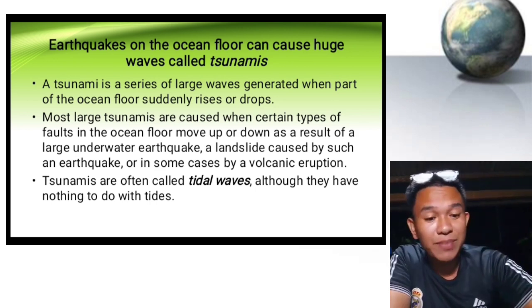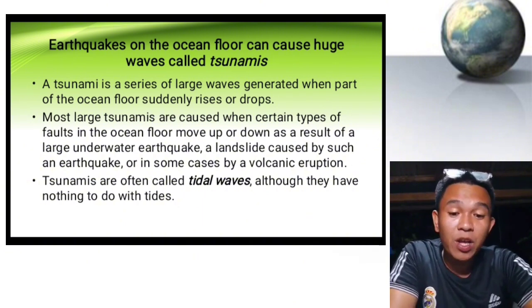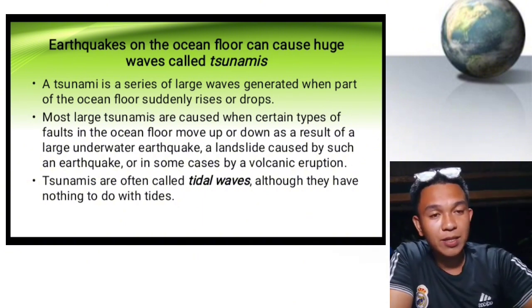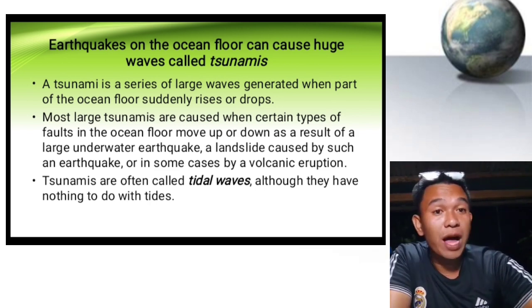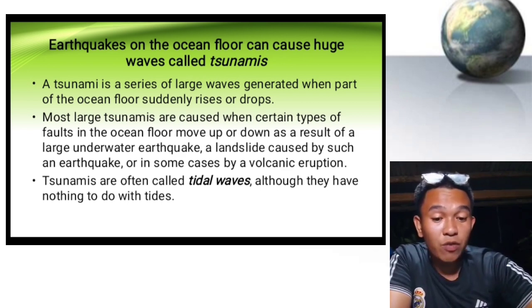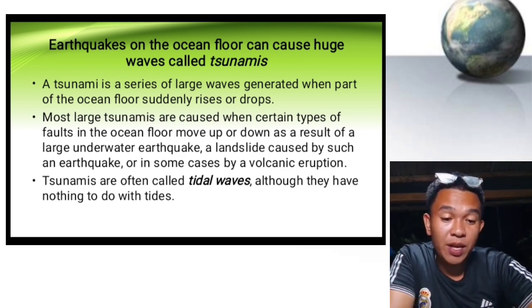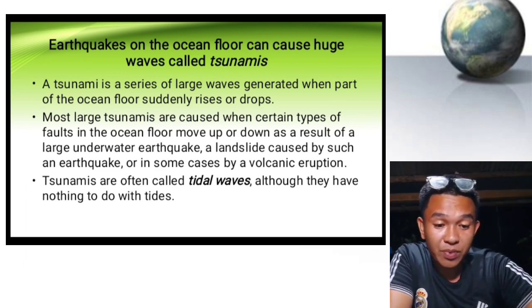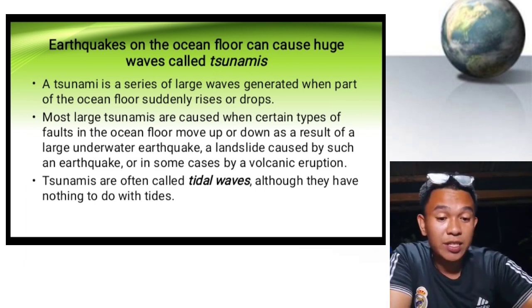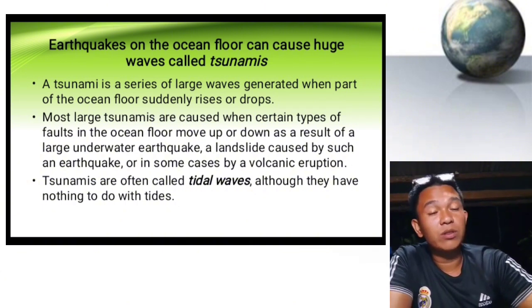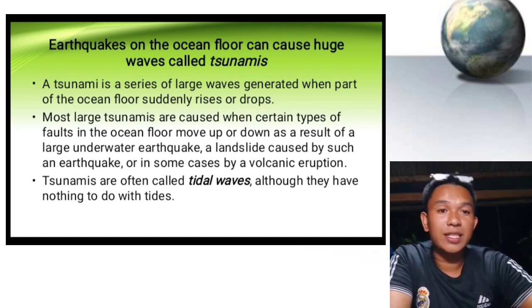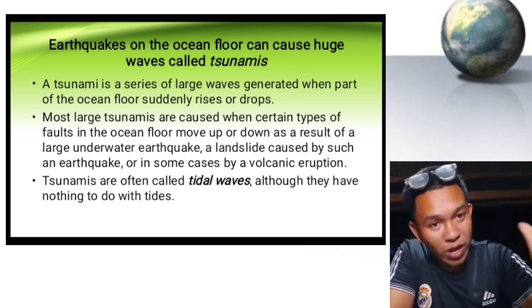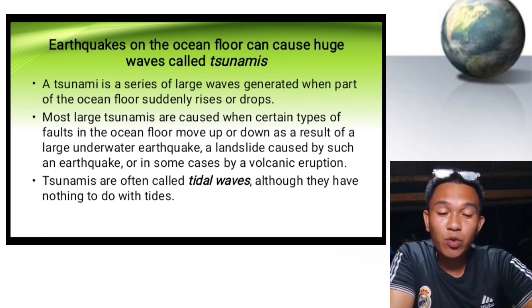According to Google, a tsunami is a series of large waves generated when part of the ocean floor suddenly rises up or drops. The largest tsunamis are caused when a certain type of fault in the ocean floor moves up or down as a result of a large underwater earthquake, a landslide caused by such an earthquake, and in some cases, a volcanic eruption, or what we call an underwater volcanic eruption. Tsunamis are often called tidal waves, although they have nothing to do with the tides.